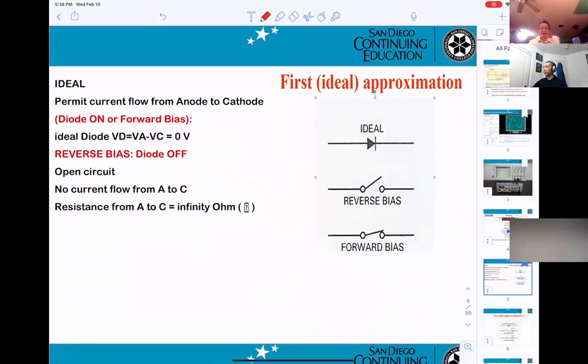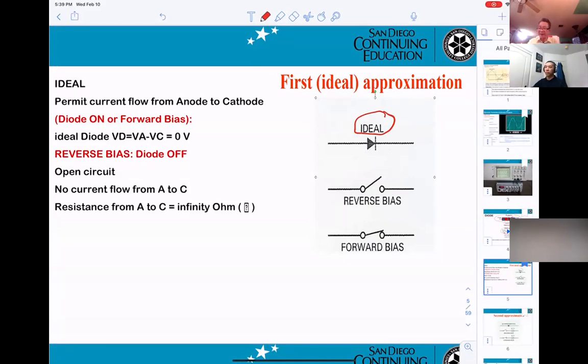Now, when you're working with the diode, it can be on or off. Either it is on or it will be off. On means conducting. Off means open. Now, what does it mean when they say ideal diode?